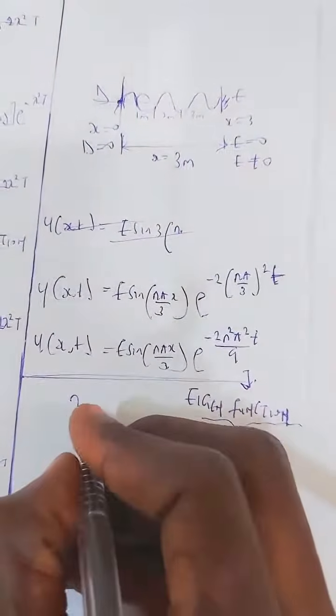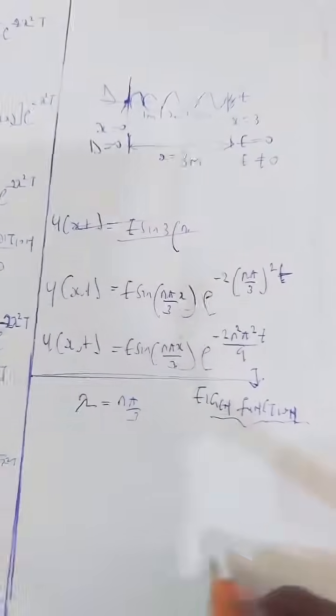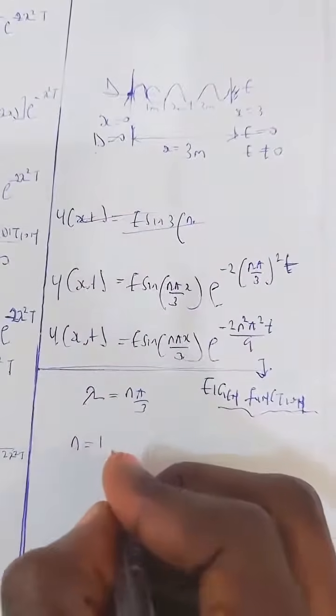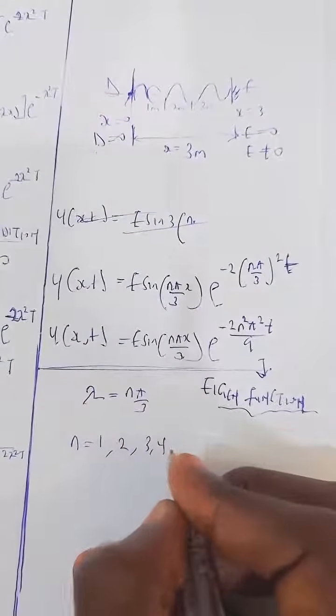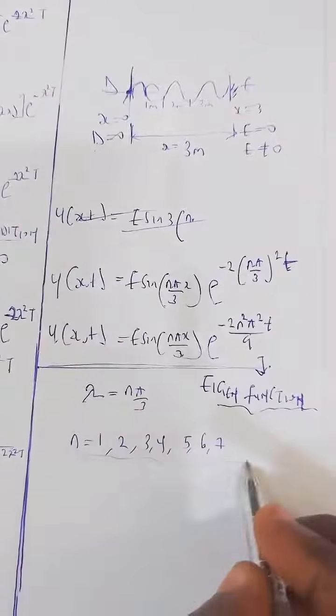Recall that we've gotten the eigenvalue to be nπ over 3, where n equals 1, 2, 3, 4, 5, 6, 7, meaning integers.